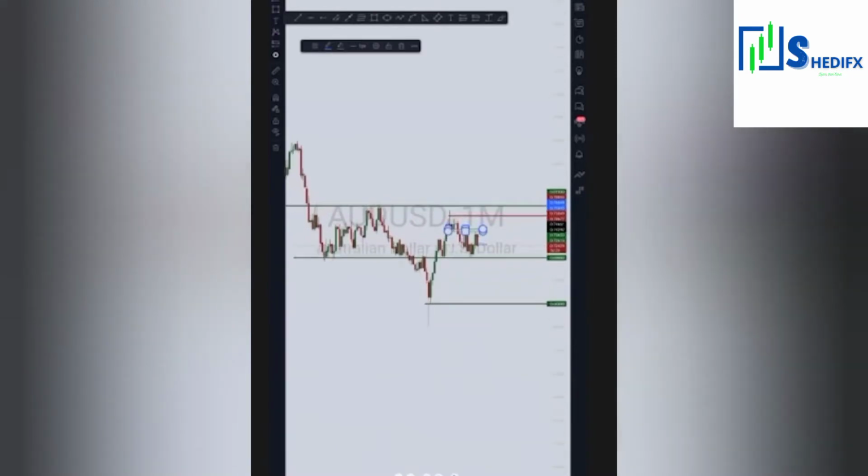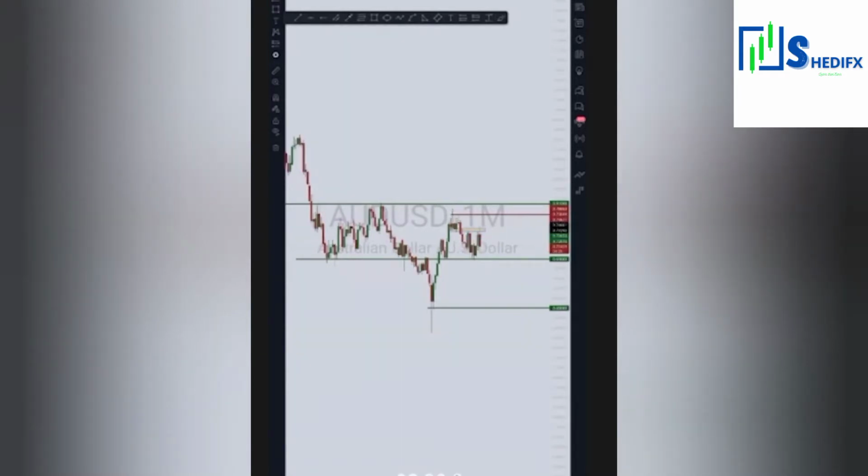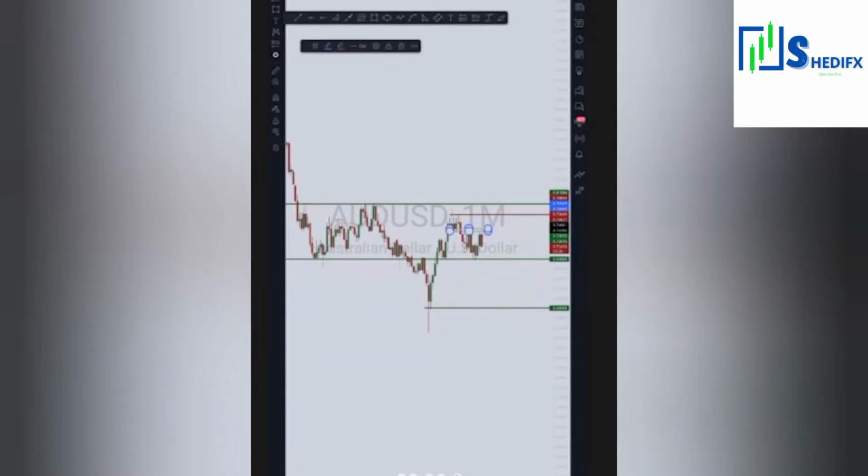So here it is. Let me delete this stuff as well. Okay, all right. So now this market came to this area, reacted to it, and started falling back. This is on the monthly time frame.